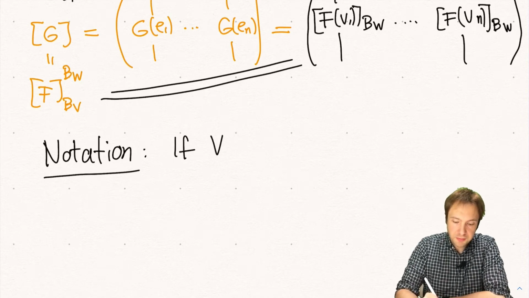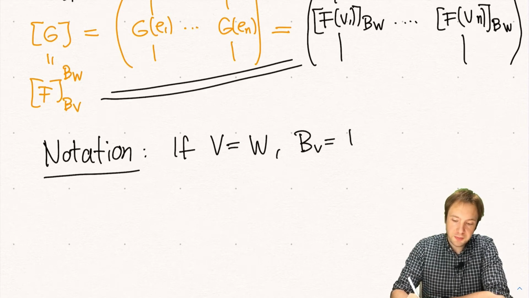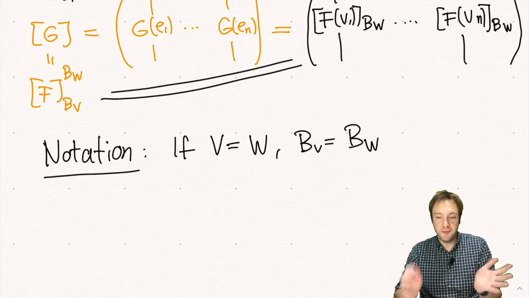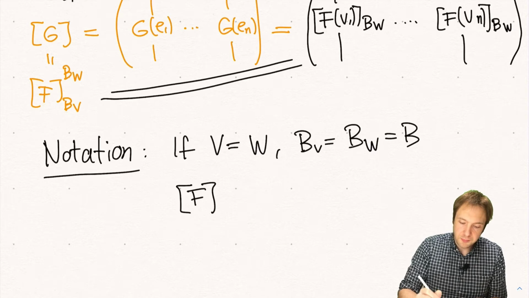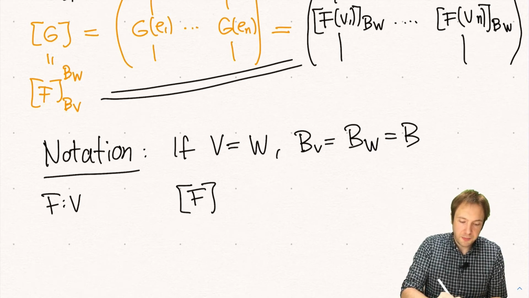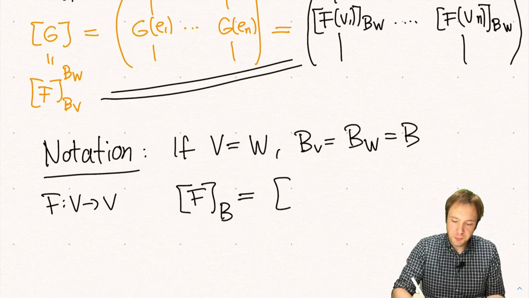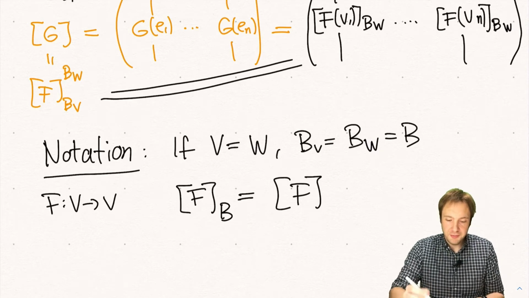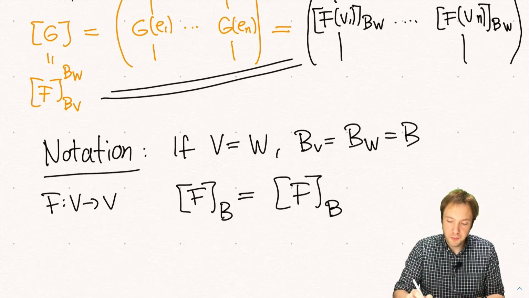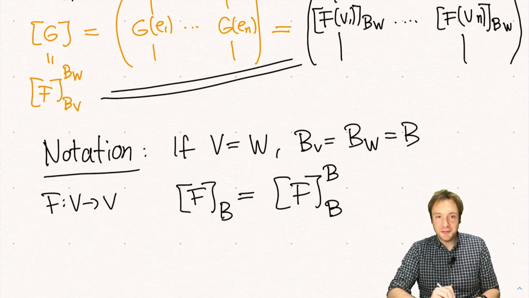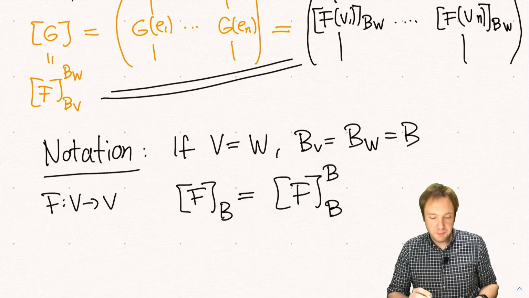So if V equals W and these two bases are the same, so we actually just have one basis, let's call it B. Then we also write that F is a linear map from V to V with respect to this basis. By this we just mean, with the definition before, the matrix of F from the basis B to the basis B. So we just write B on the bottom right of this matrix.